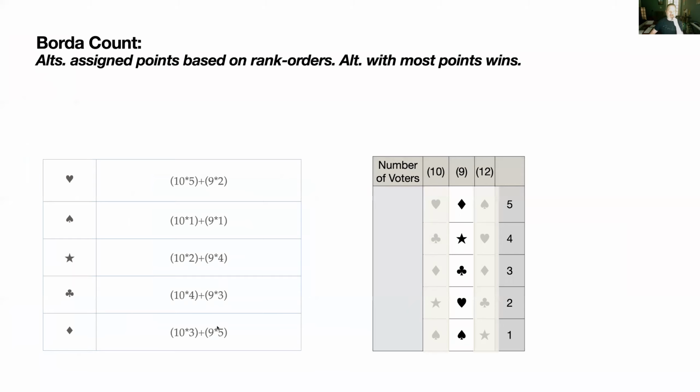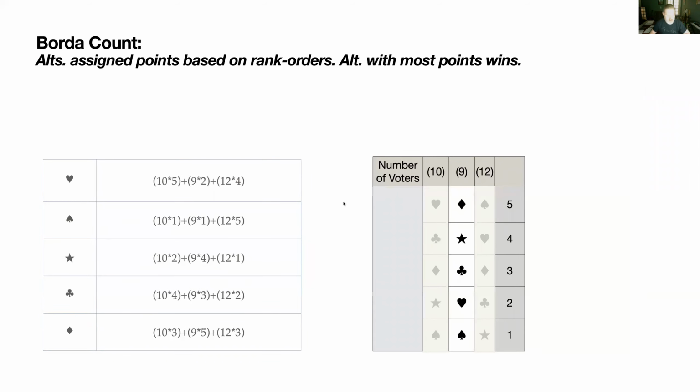So diamonds gets the 5. Their next choice is stars. Stars gets 4. Their next is clubs. Clubs gets 3 points. Their next is hearts. Hearts gets 2 points. And their least favorite is spades, which gets 1 point. So it's going to be 9 times that number of points for the group of 9's contribution.